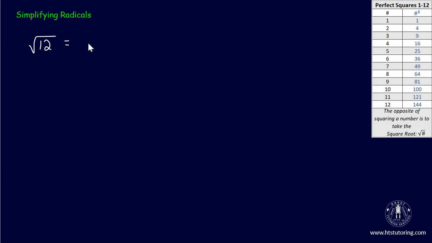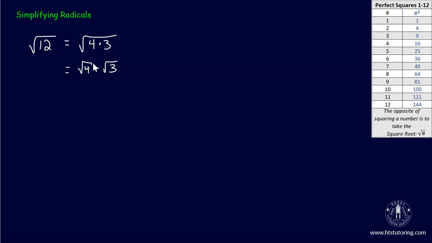So now I'm going to write it as the square root of 4 times 3. So I just broke up 12 into 4 times 3. Now I can break this up further and say the square root of 4 times the square root of 3. There's a rule or a property that says that if I'm taking the same root of numbers, I can multiply them together underneath that root.